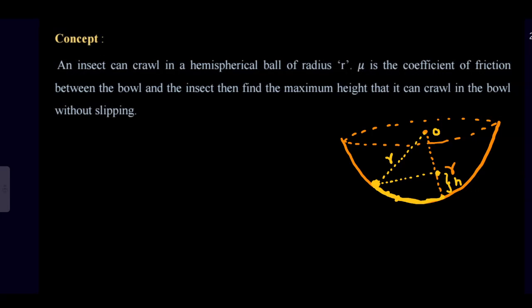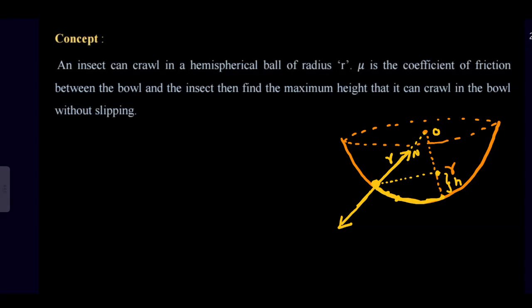Now look at this location. This is the normal, isn't it? So this is the normal reaction. The insect will push, and it will cause a certain force on the bowl. At the same time, the bowl will offer a certain amount of normal force in this direction.